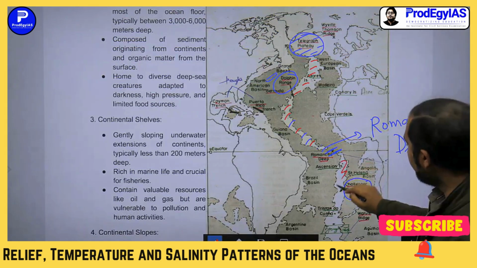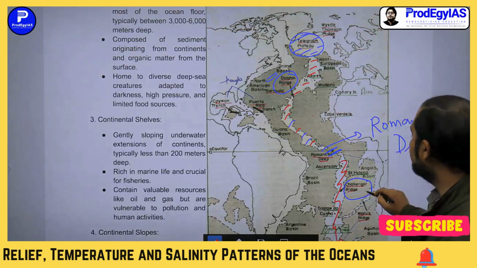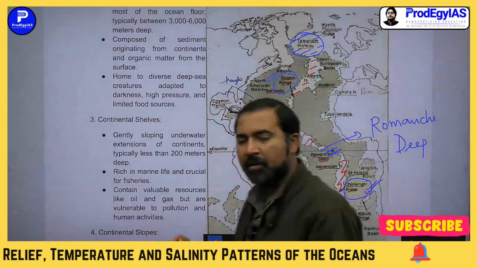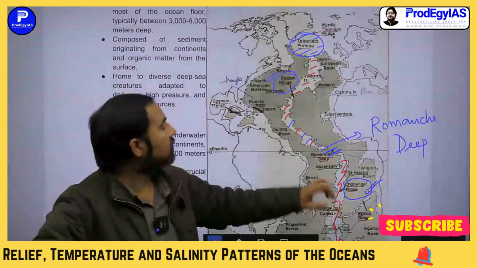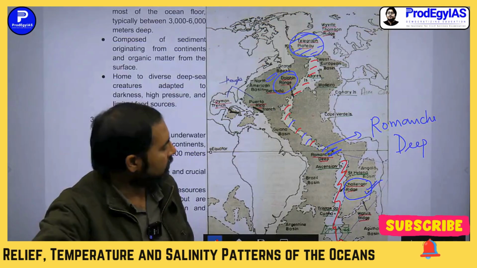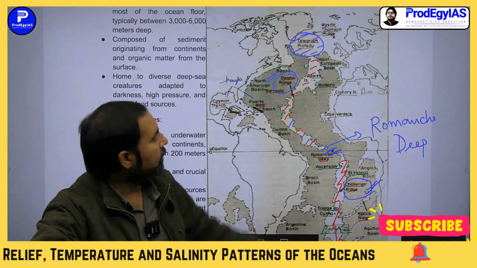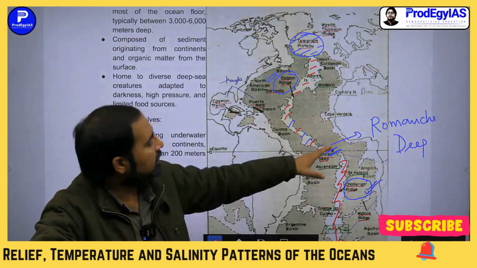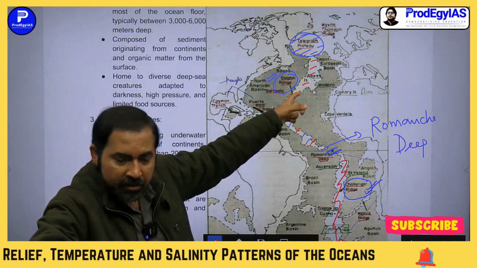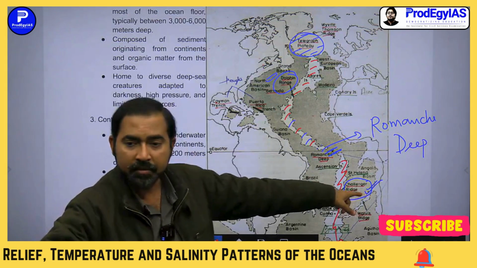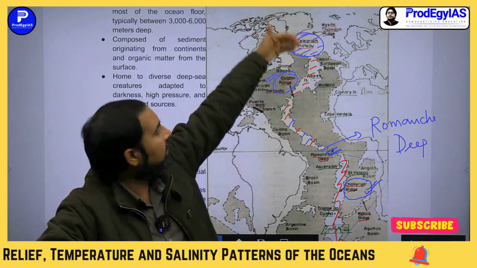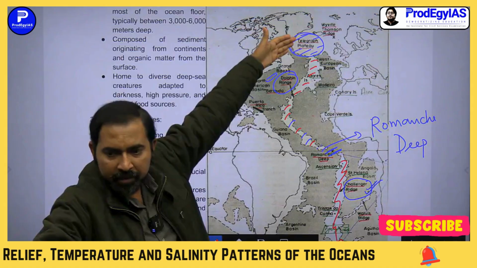Northern Dolphin Range, southern Challenger Ridge. It can also be called Dolphin Ridge. Means this mid-Atlantic ridge is divided into northern and southern parts. The northern part is called Dolphin Ridge and the southern part is called Challenger Ridge. In between the two, there is Romanche Deep. Its extreme northern part is like a plateau named Telegraph Plateau.